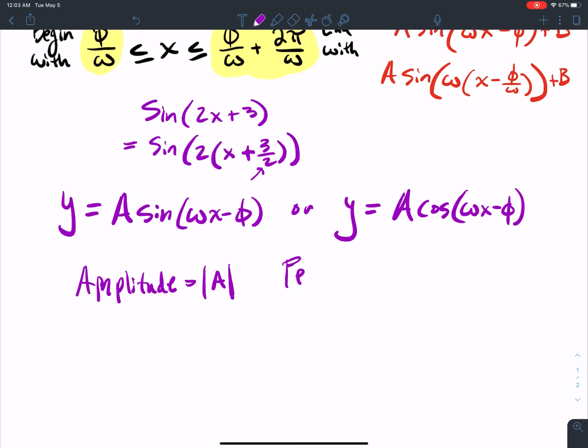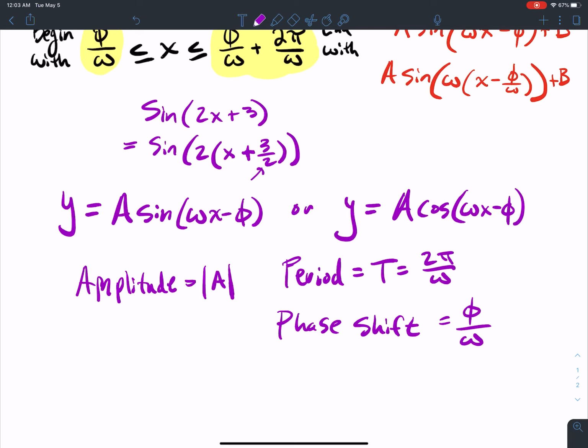The period, this is T, which is equal to 2 pi over omega. And the phase shift, how far you shift left or right, is equal to phi over omega. All right, so the phase shift is to the left if phi is negative, and to the right if phi is positive. Okay?